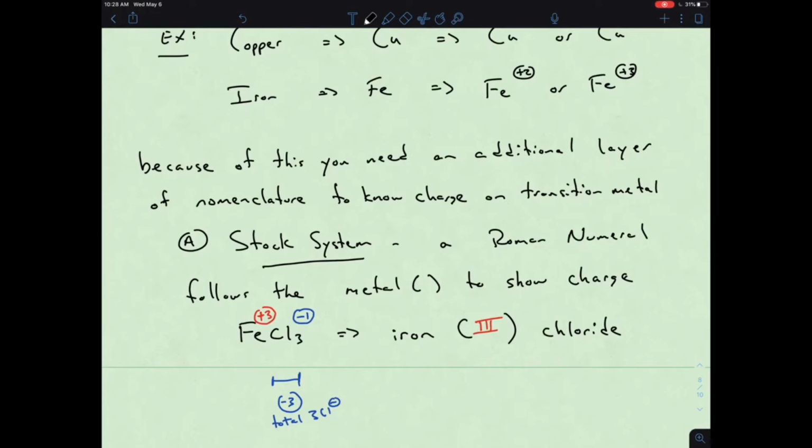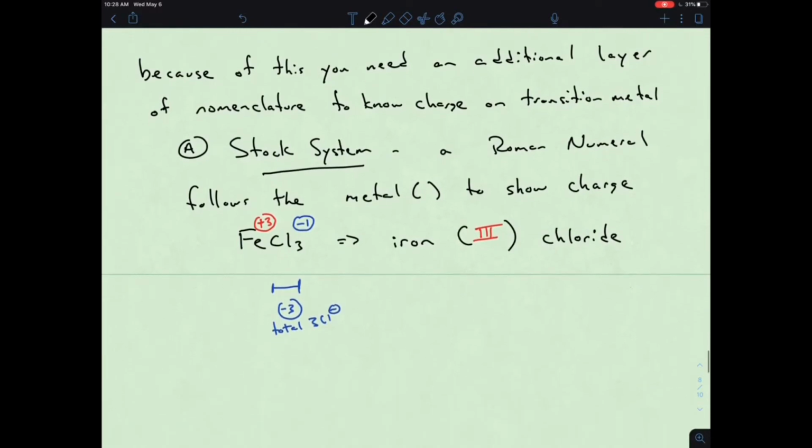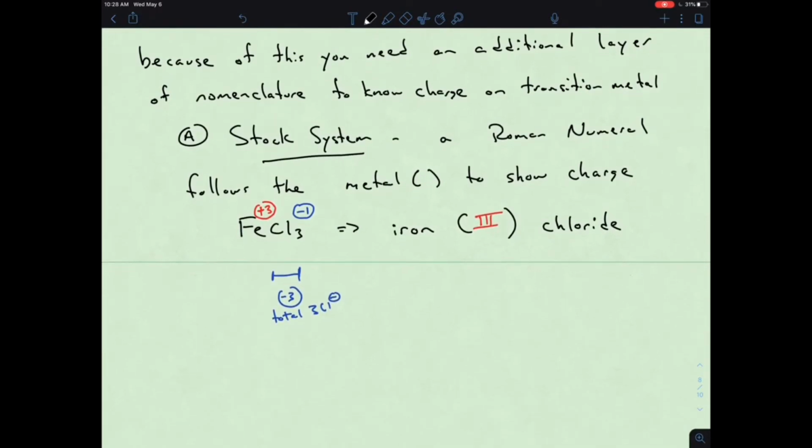So here's one example of that. And so that's why we have to use the Stock system. We have to use this additional layer. Students tend to do really well with the Stock system. It's not too terrible. The harder side of the coin would be the Latin system.